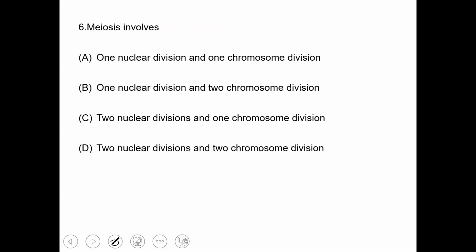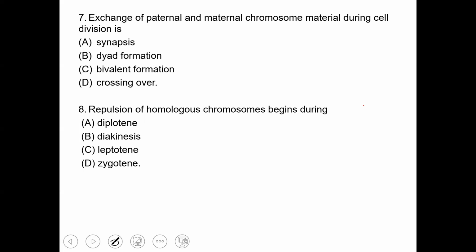Next question. Meiosis involves how many nuclear divisions and how many cytoplasmic divisions? So we know that there are 2 nuclear divisions, meiosis 1 and meiosis 2, and 1 chromosomal division, which is the interphase. So option is option C. Next question.